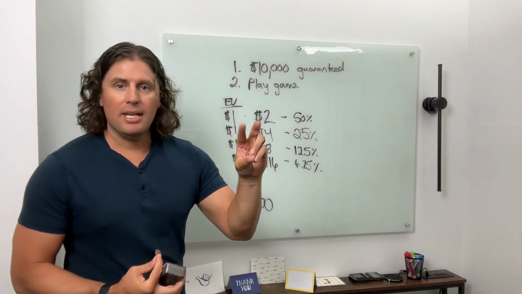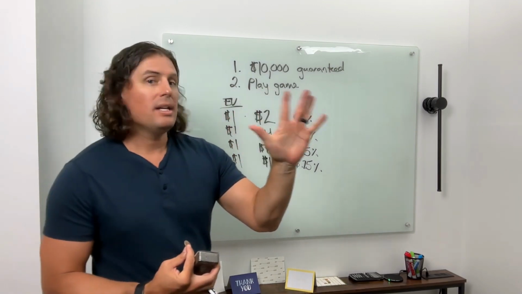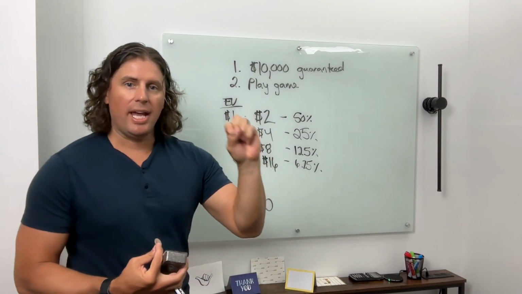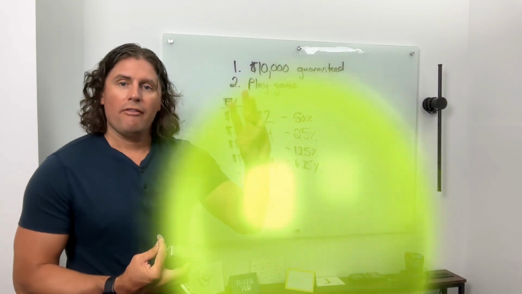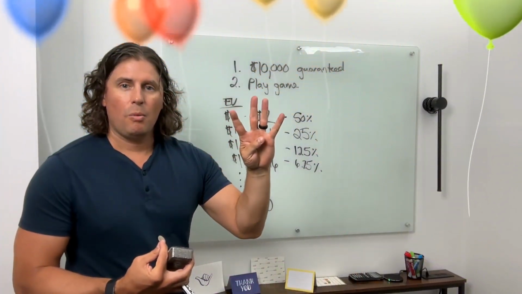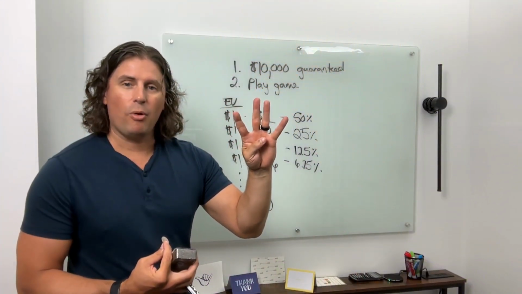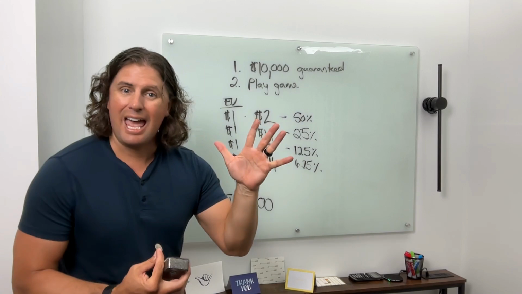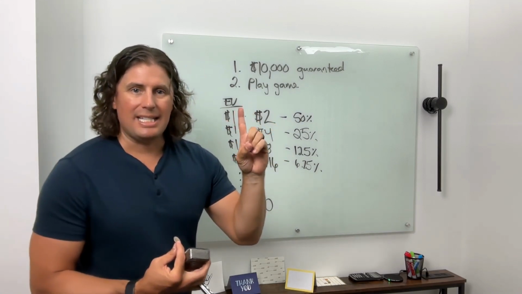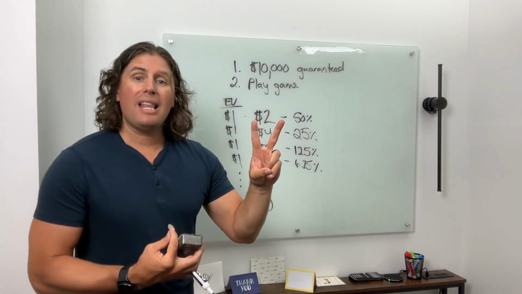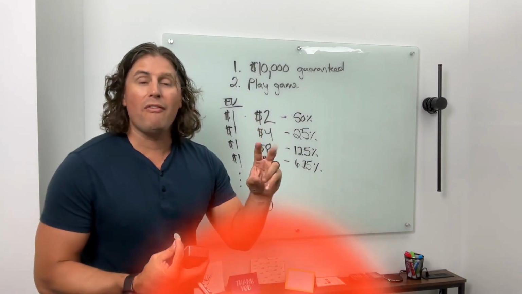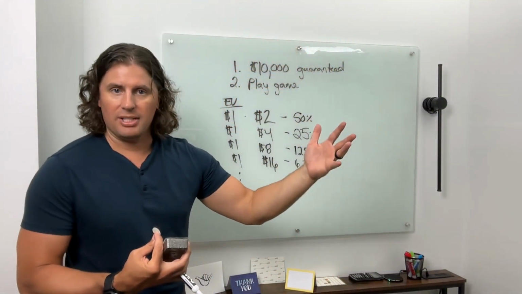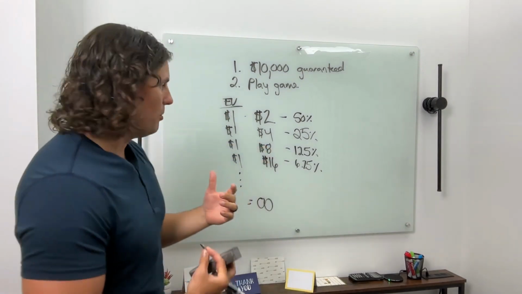There's 4, 8, 16, 32, 64 is 5, 128, 256, 512, 1,024, 2,048 is 10, 4,096 is 11, 8,192 is 12, and on the 13th, we would get over $16,000 on the 13th heads in a row.